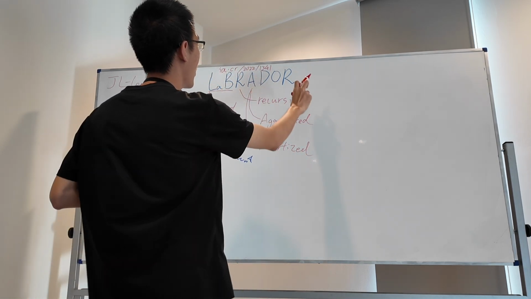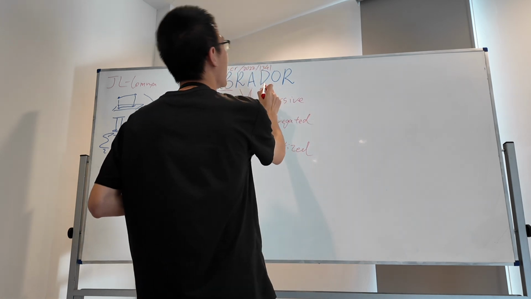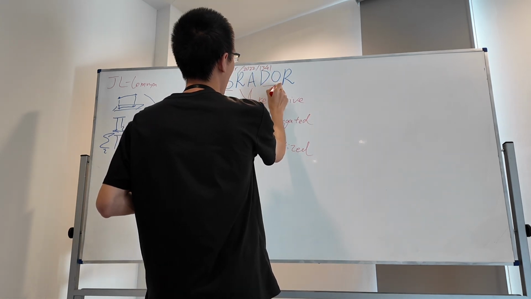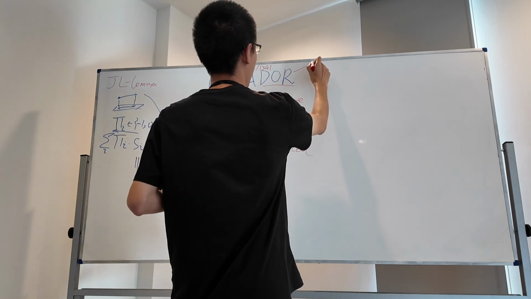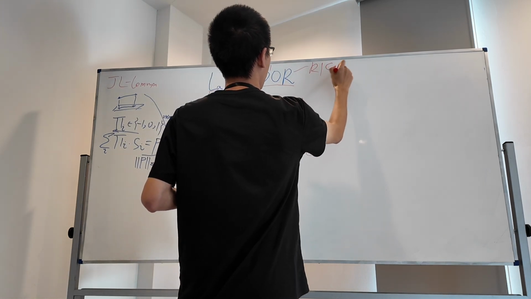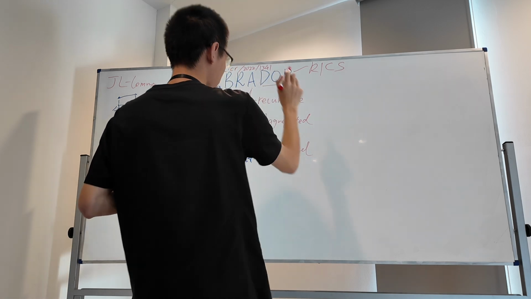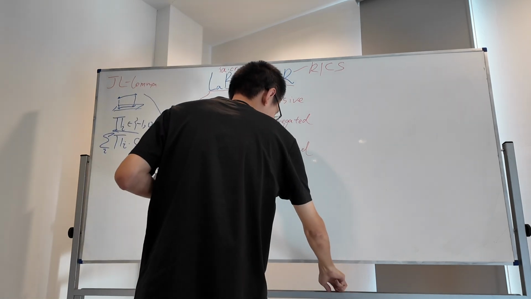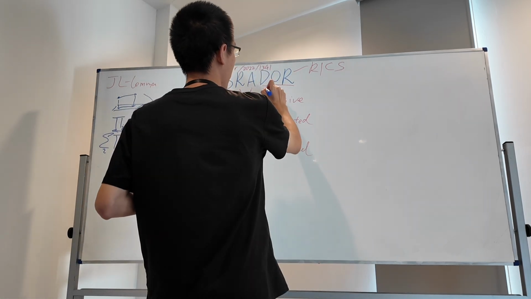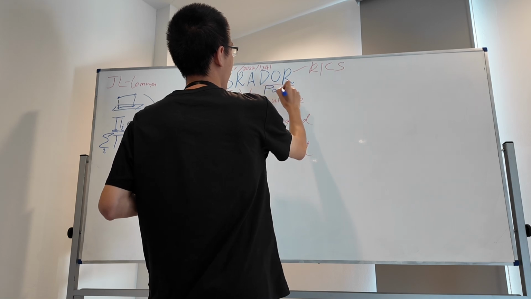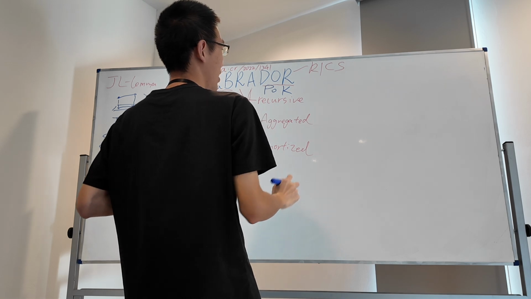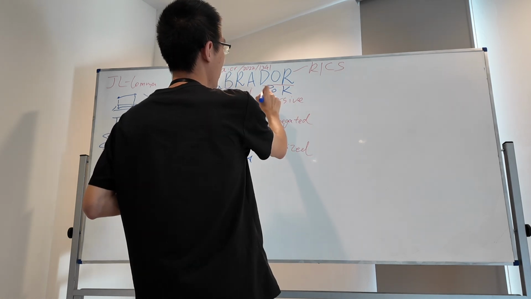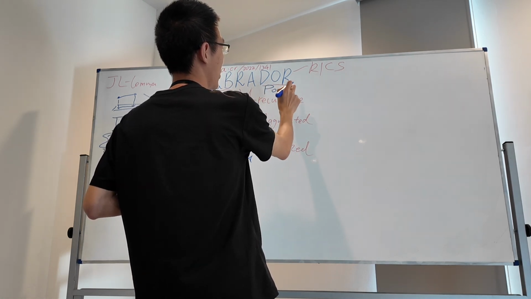And the DOR means demonstration of R1CS. So this R is R1CS. So the demonstration of R1CS basically just means the proof of knowledge of this R1CS relation, right? So POK means proof of knowledge.